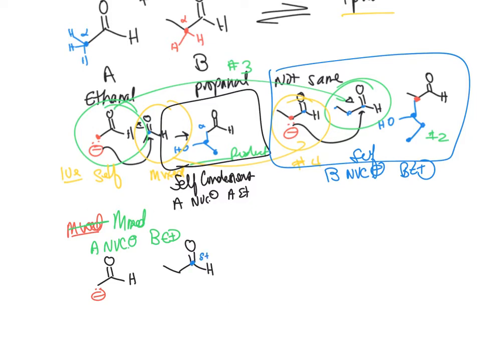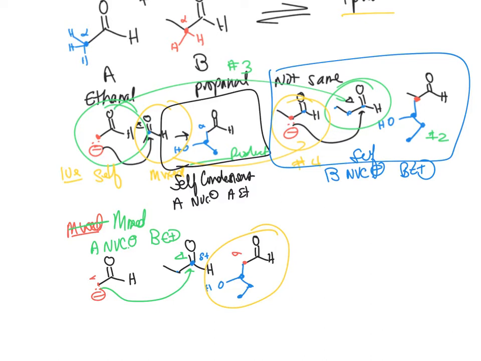Okay, so here we have these electrons going here, and then your product would be, I like to draw my enolate the same. This is my alpha carbon, and then it's going to react with the beta here to make an OH, and then we have 2, 3, 1, 2, 3, 4, 5, 1, 2, 3, 4, 5. So there's your product for that one.